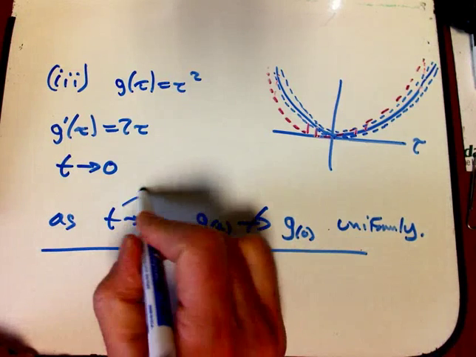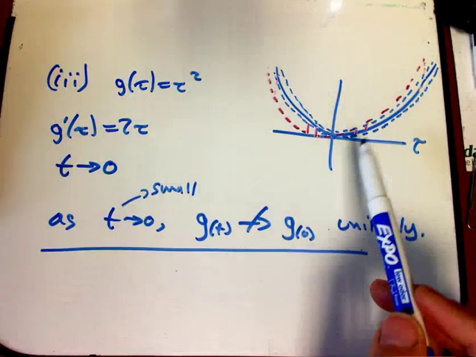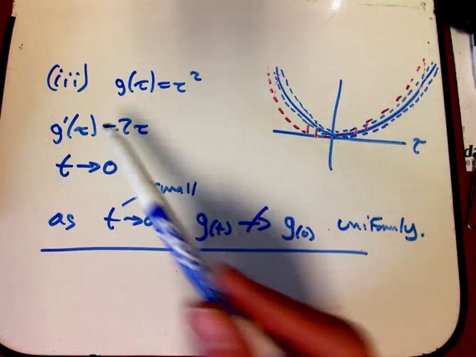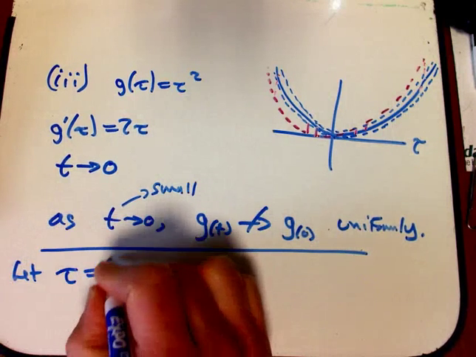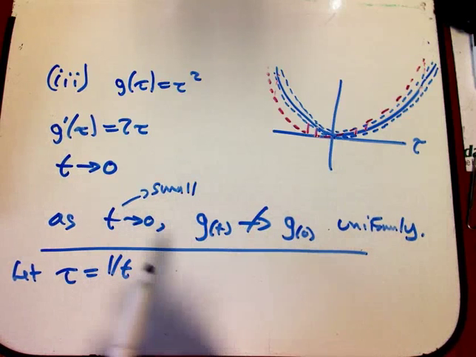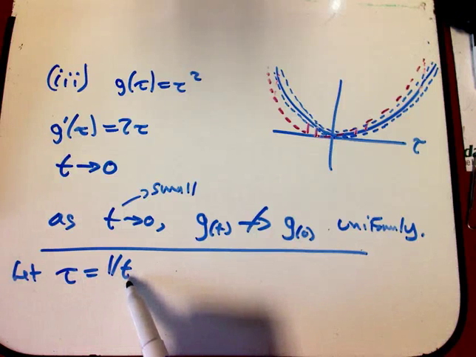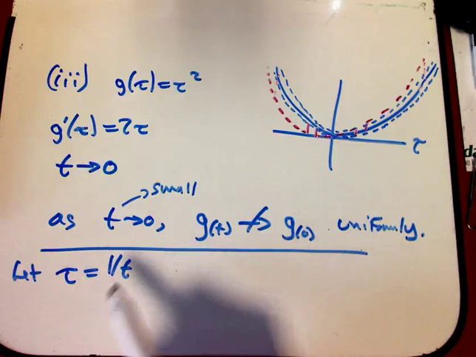So t is small. You want to think of that as a small number. And then we want to make tau, the evaluation point where we're getting this to screw up, big. Well, an easy way to take a small number and make it big is, for any particular t, which measures how much we've slid the function over, we're going to look at the point tau equals 1 over t, and I claim that that's a good place to look to see that this is not going to work.